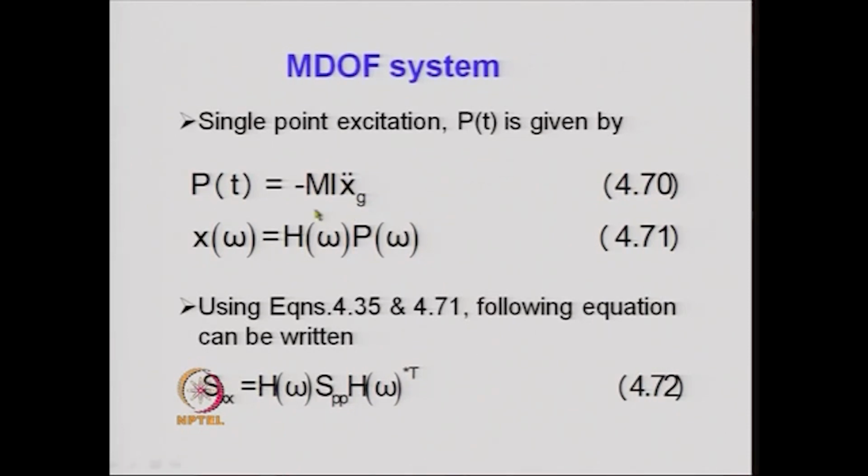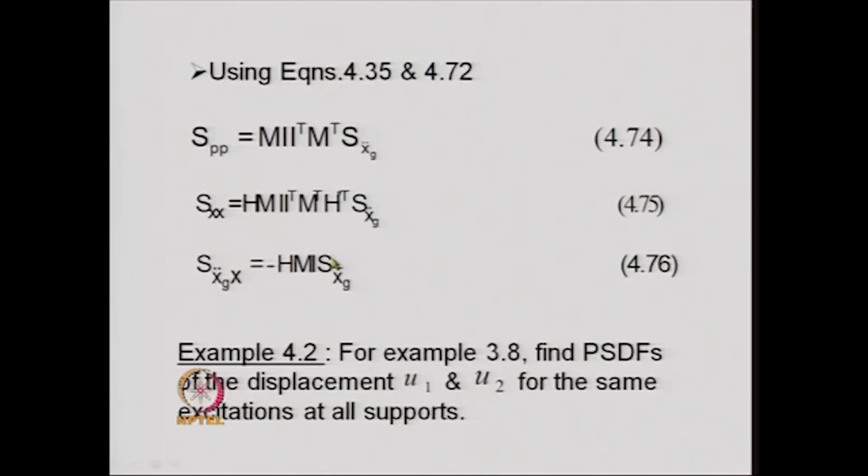So using that, one can write down the SPP as M I into I T M T. In place of writing I T M T on this side, we have taken it on this side, because Sx double dot G is a single quantity in the case of the single point excitation. Therefore, whether we keep I T M T on this side of Sx double dot G or on that side, it does not matter.